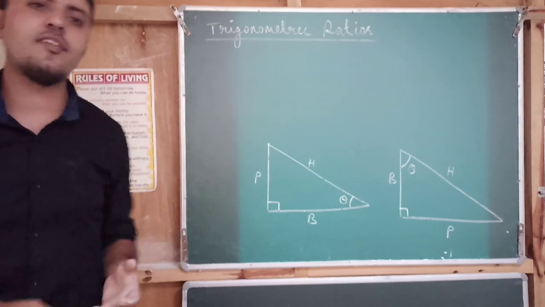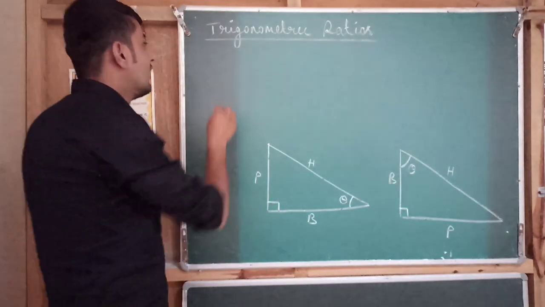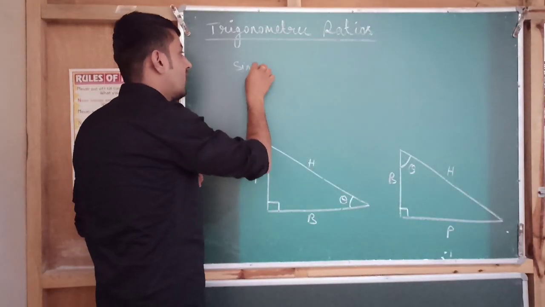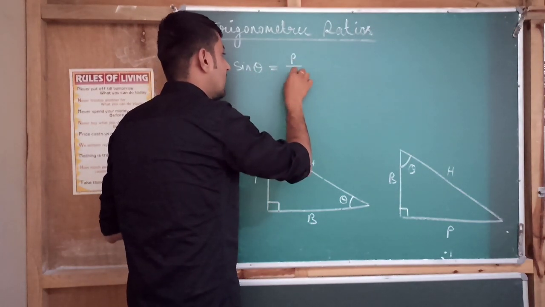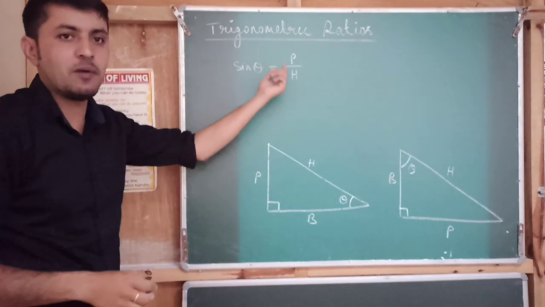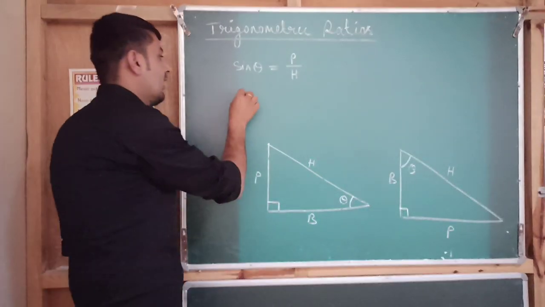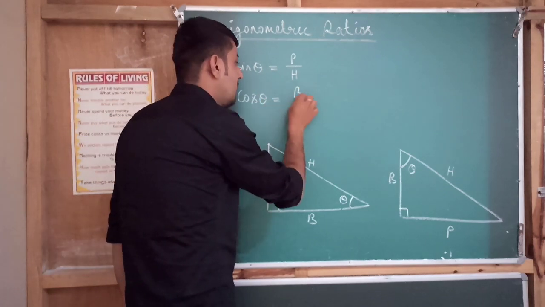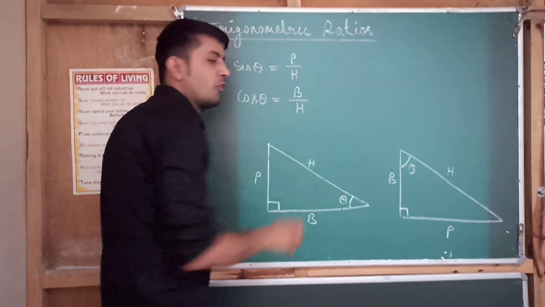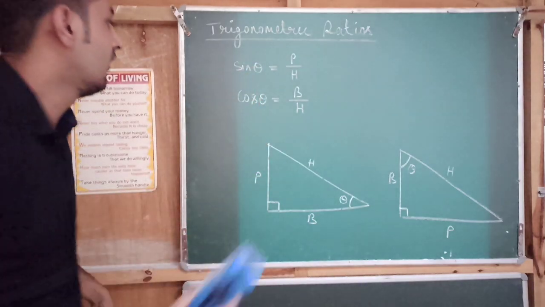Let me write down the first 3. First one is sine theta. Sine theta is P by H. P by H means perpendicular by hypotenuse. Then next cos theta. Cos theta is B by H. B represents your base. Please keep that in your mind.